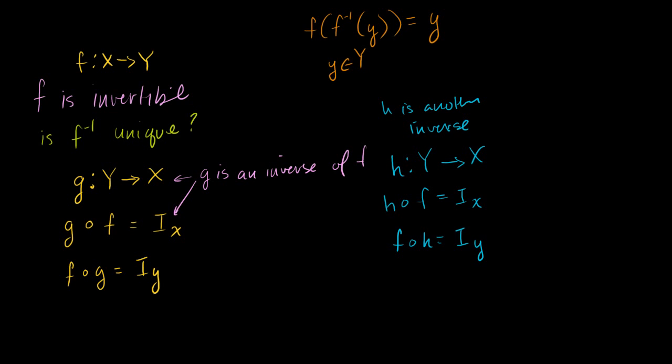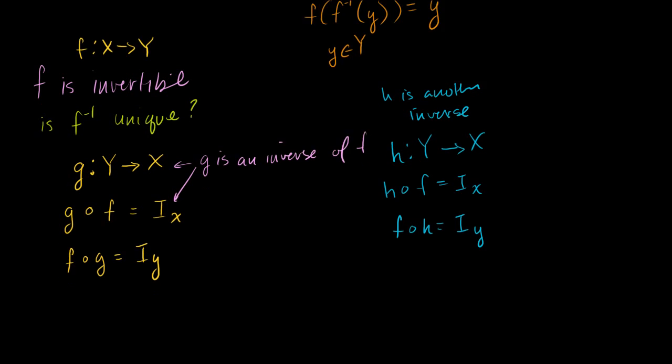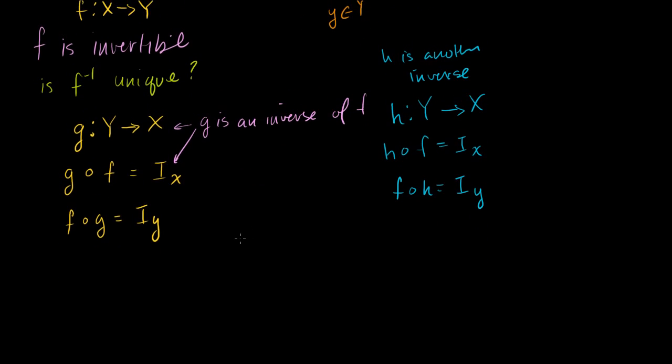And just as a reminder, let me redraw what I drew at the beginning, just so we know what we're doing. If this is the set x right here, and let's say this right here is the set y, we know that f is a mapping from x to y. What we're trying to determine is whether f's inverse is unique.